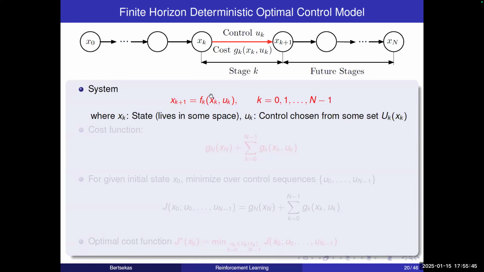Note that we don't put additional restrictions on the nature of the state xk. The xk can be a continuous quantity, or it can be a discrete quantity. For example, if I would like to apply the theory to autonomous vehicles, the state xk can involve the position of the vehicle, velocity of the vehicle, and heading angle. So they are all continuous quantities.